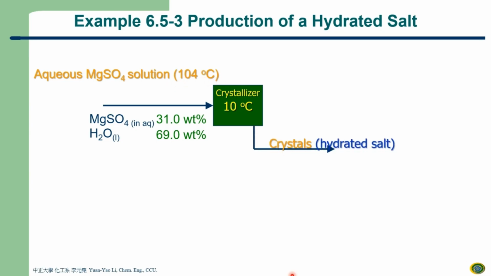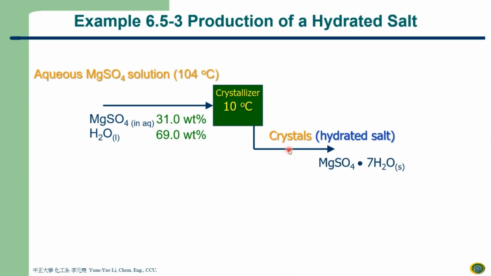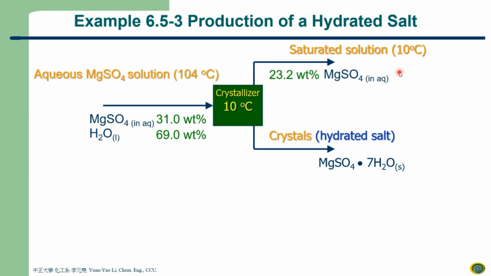And then you have two streams coming out. One is the crystal. The form is, at 10 Celsius, the magnesium sulfate has 7 waters per molecule. Okay, and then it comes out with the saturated solution at 10 Celsius.